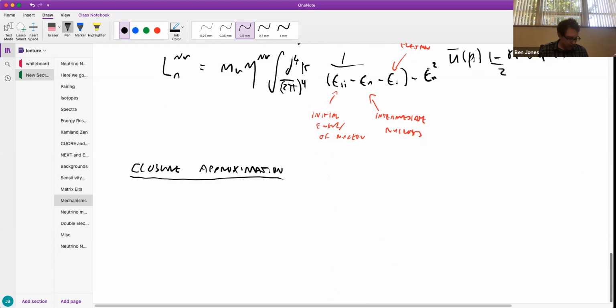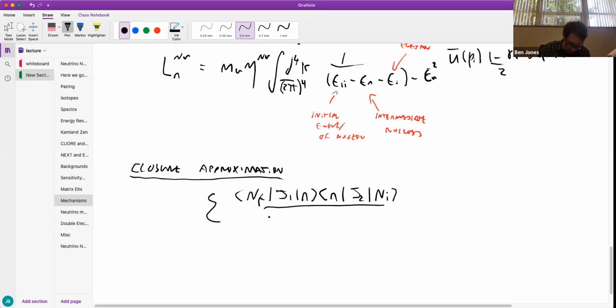So the closure approximation is the following approximation, which is applied to the nuclear side. It treats the term that looks like this. So we're going to have in this expression a term that looks like the final state nucleus with a current to the intermediate state, divided by E_I minus E_n minus E minus E_mu.